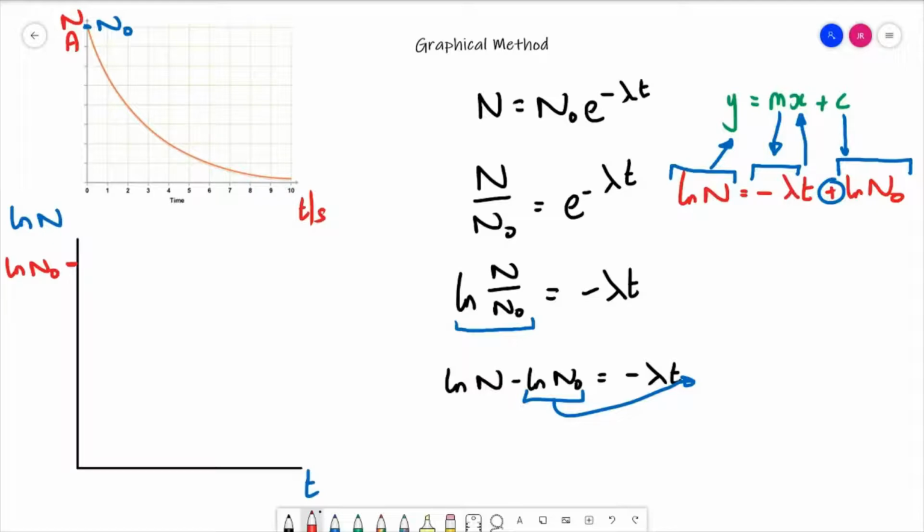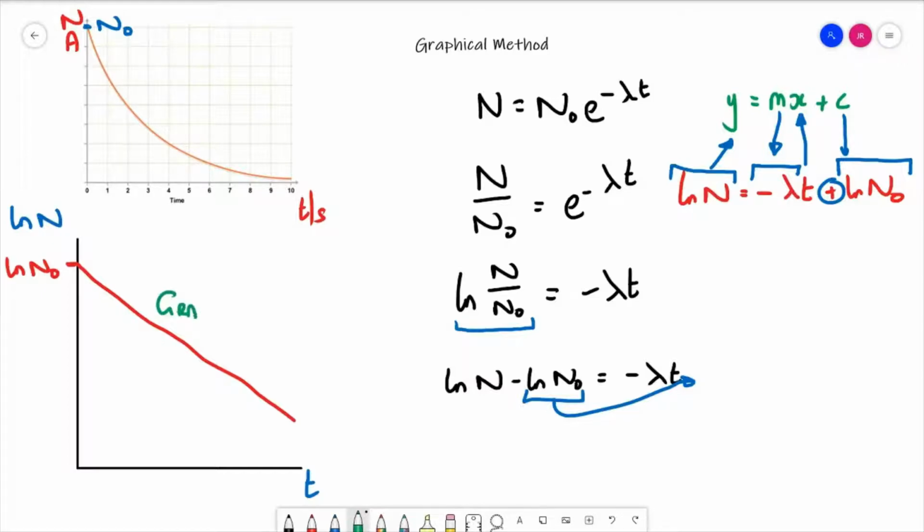We will have a straight line but with a negative gradient. That is now a straight line with a negative gradient, and the gradient of that line represents negative lambda.